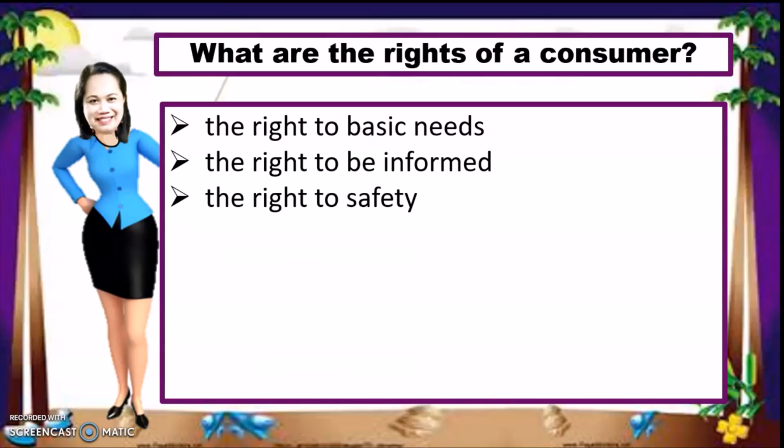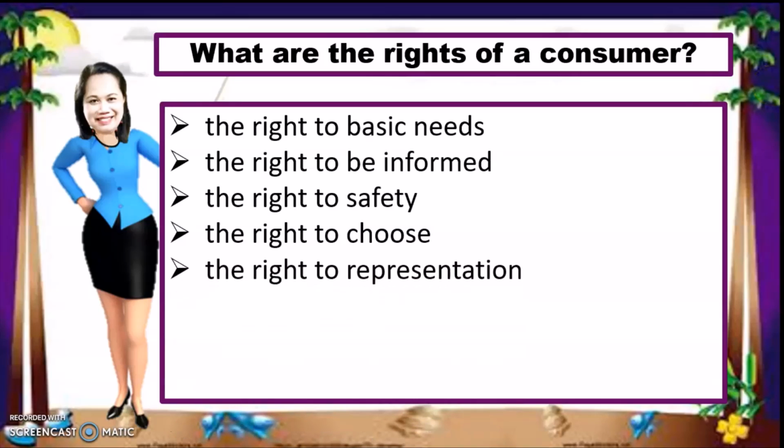And then the right to safety. When we buy some products, we must be safe. Okay? And then the right to choose. We have to be analytical so that the product that we buy is good enough for us. And then the right to representation.